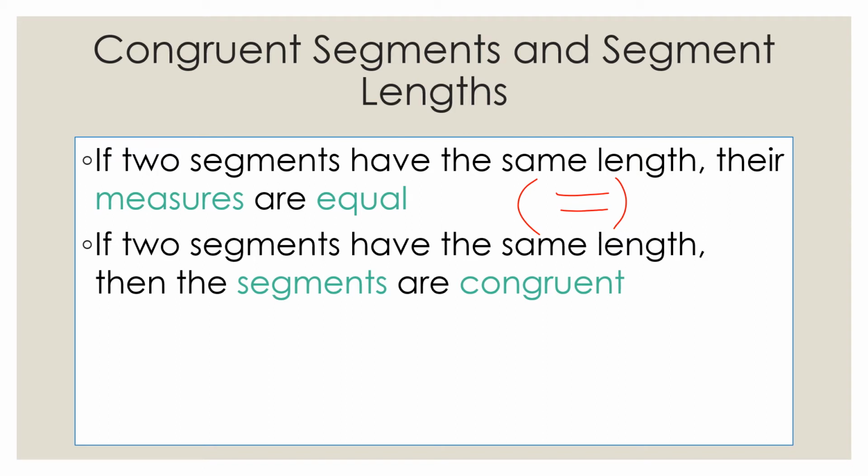So look at the difference here. We have their measures are equal and segments are congruent. So they are a little bit different there. When we use an equal sign, that means we're using numbers. When we're using a congruent sign, that means figures. And a congruent sign looks like this.